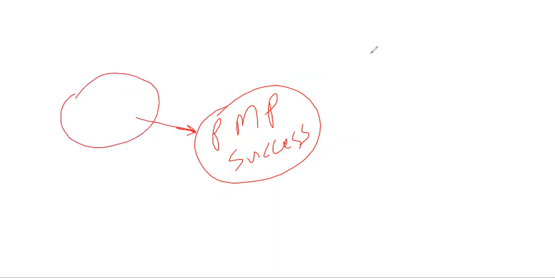If we have a concept such as PMP success, you could brainstorm around what contributes to PMP exam success. But if you were using a mind map, you would map the ideas together. For example, you could say studying. Studying contributes to success.